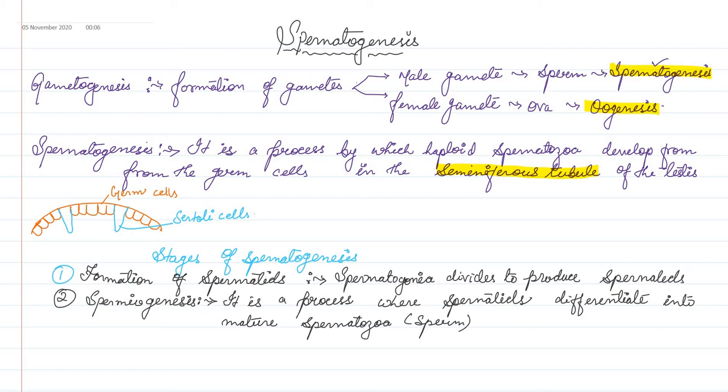After the formation of spermatids, spermiogenesis takes place where the spermatids differentiate into mature spermatozoa or sperm.